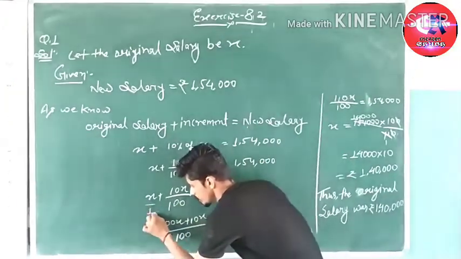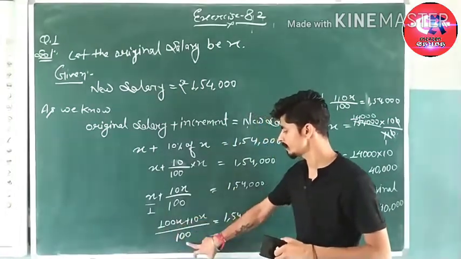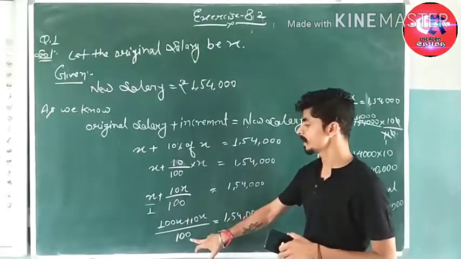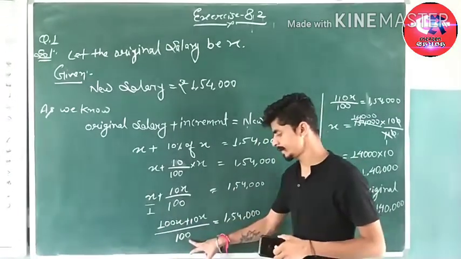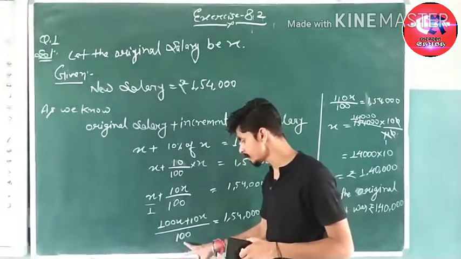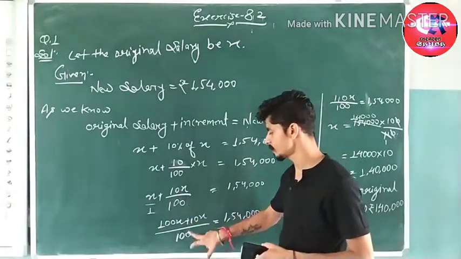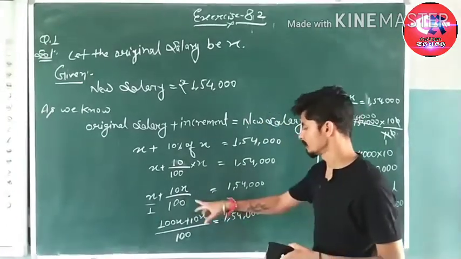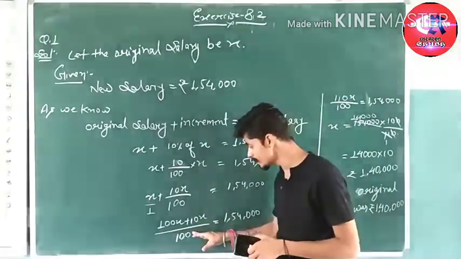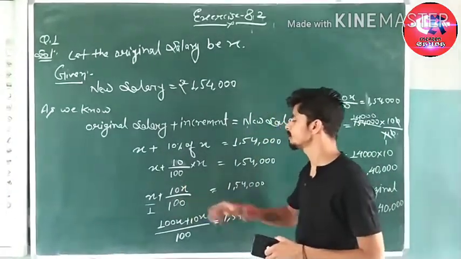For your understanding, we put it here as 1. Now 1 will divide 100 by 100 times and it will multiply with X. Similarly, 100 will divide 100 and it will become 1, and 1 will be multiplied with 10X.